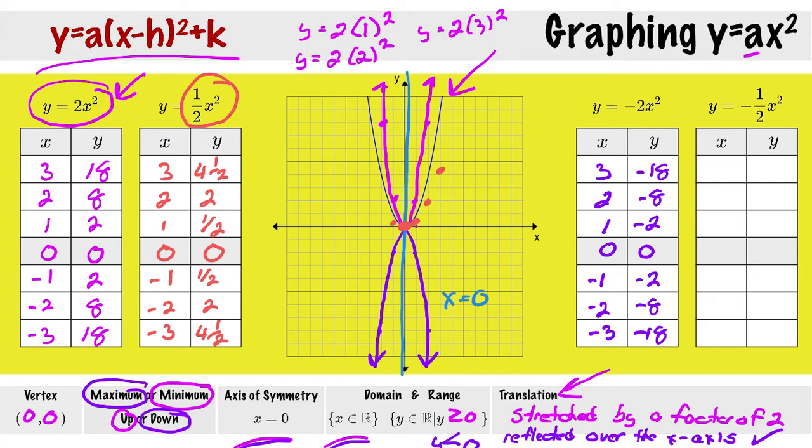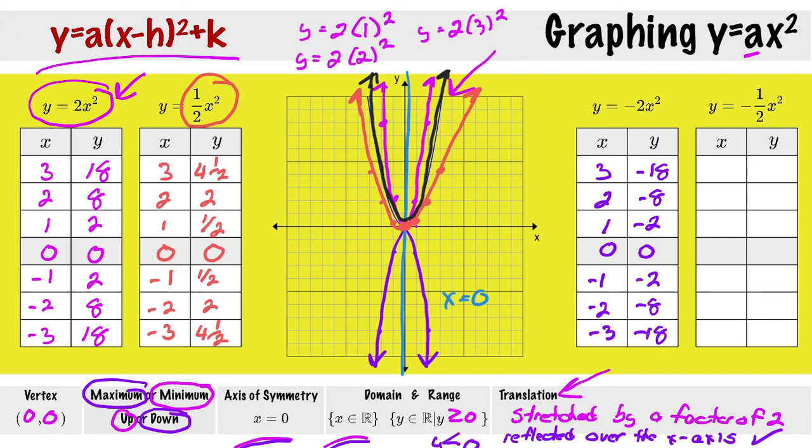Use your axis of symmetry. And now your parabola is outside of the original. Just going to highlight the original in black here so you can see it a little more clearly. There's the original parabola.